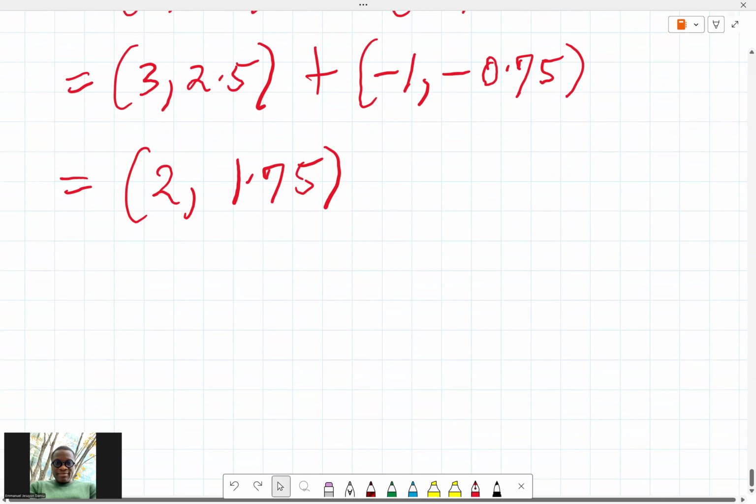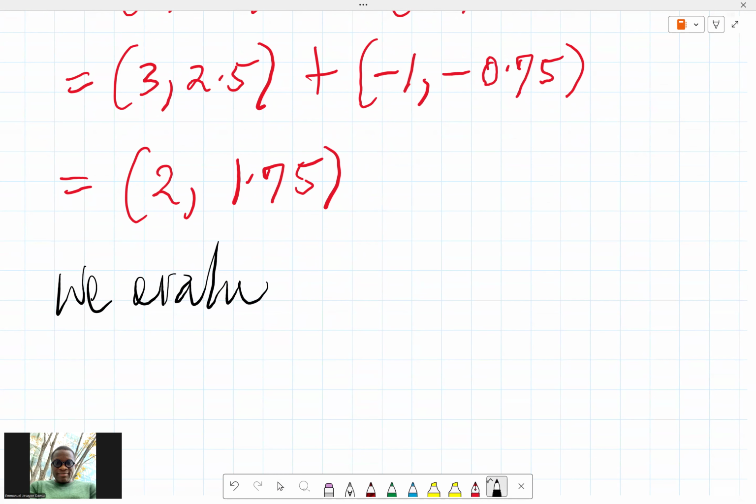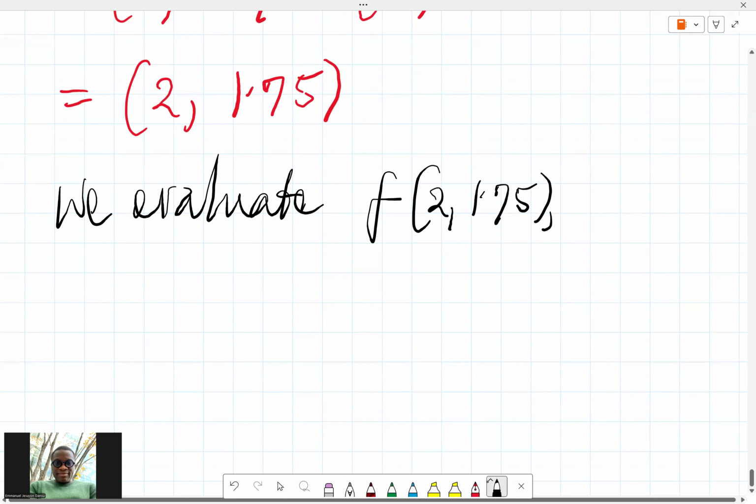So again, we are now going to evaluate f of (2, 1.75).